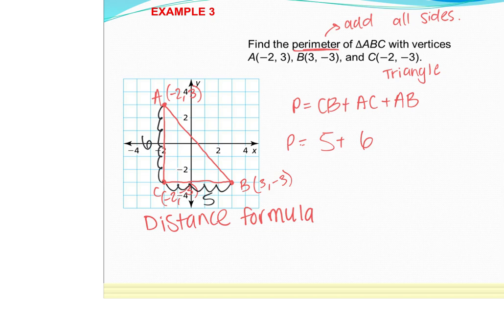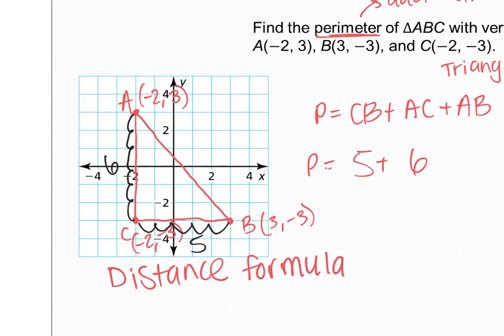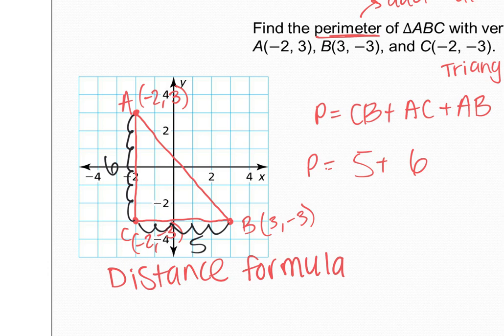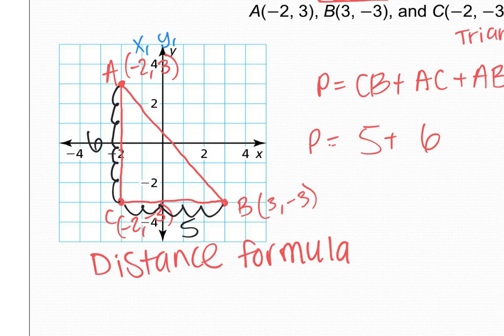Are we clear? Okay. So, when we're using the distance formula, remember, always identify an x1 and a y1, and an x2 and a y2. Ava, do you want to make A x1 and y1, or x2 and y2? X1 and y1. Perfect. Make the same point 1 and 1. Make the other point, that means B is going to be what?